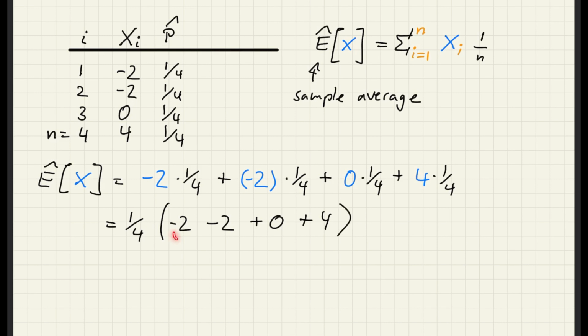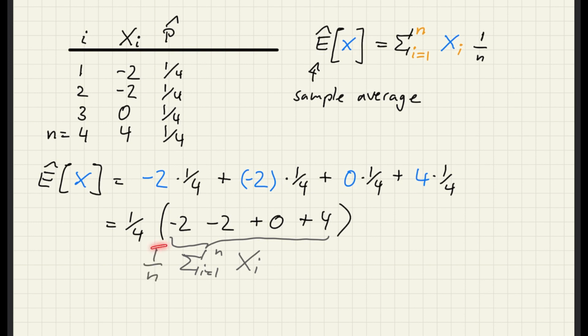What we have here is the sum of all the x's, so it's just the sum over this whole column. We can write this as the sum over all i. We're summing the xi's, and then we're dividing by the total number of observations in our sample, 1 over n.